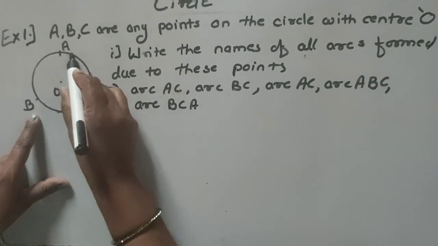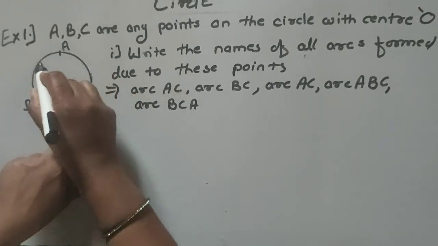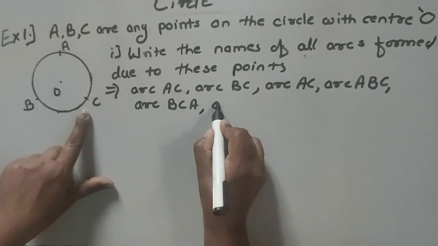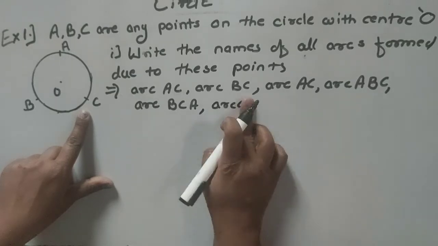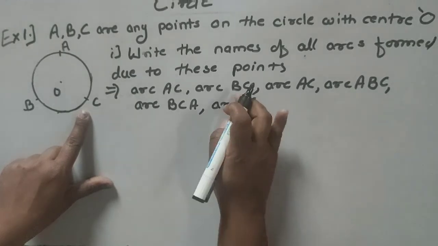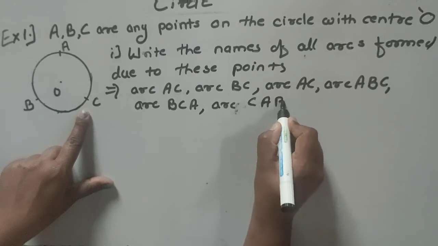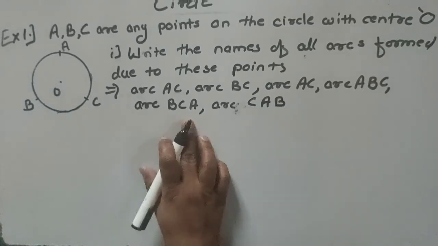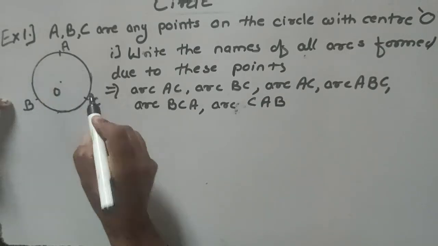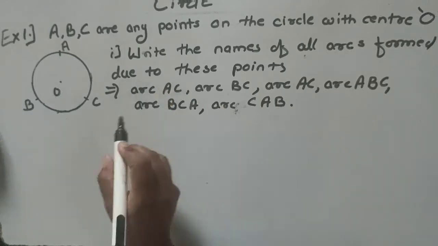So BCA, and lastly arc CAB. Okay, so these are the arcs formed by these 3 points. That is the answer of the first question.